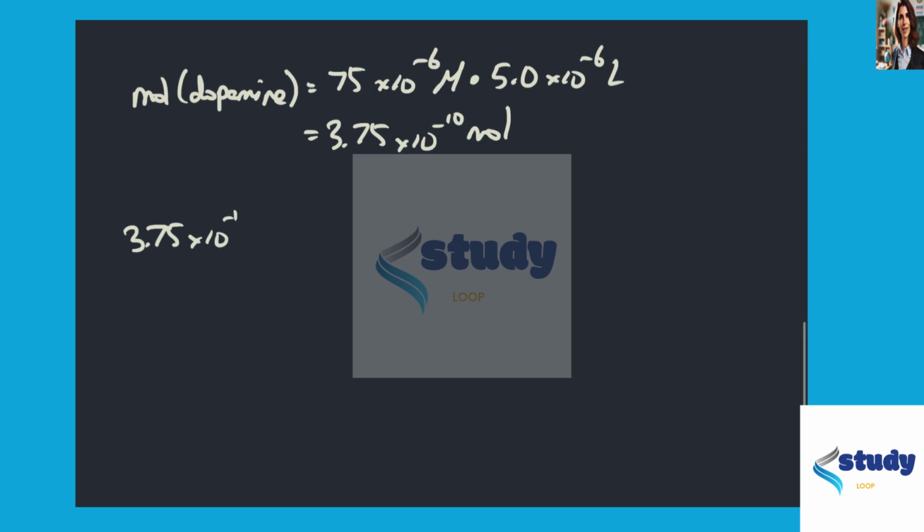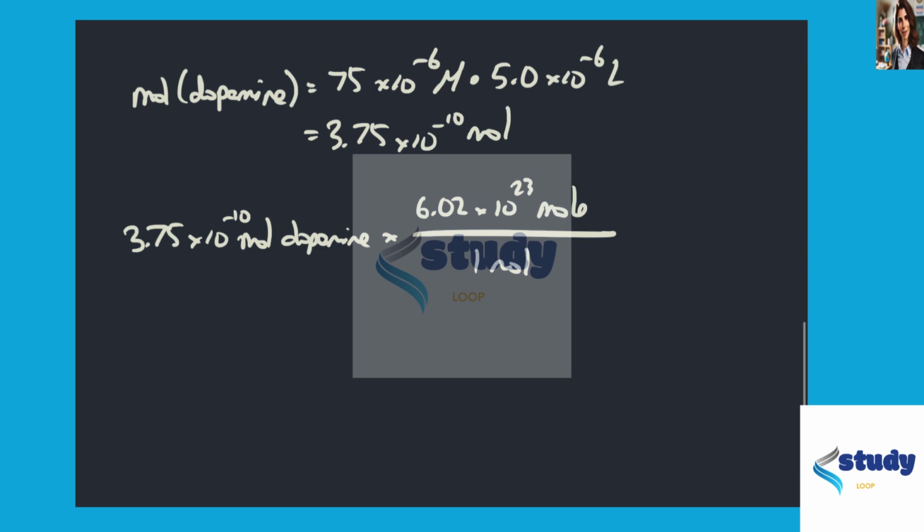And now molecules: 3.75 times 10 to the negative 10 moles of the dopamine, 1 mole, 6.02 times 10 to the 23rd molecules. And this would be equal to 2.3 times 10 to the 14th molecules of the dopamine.